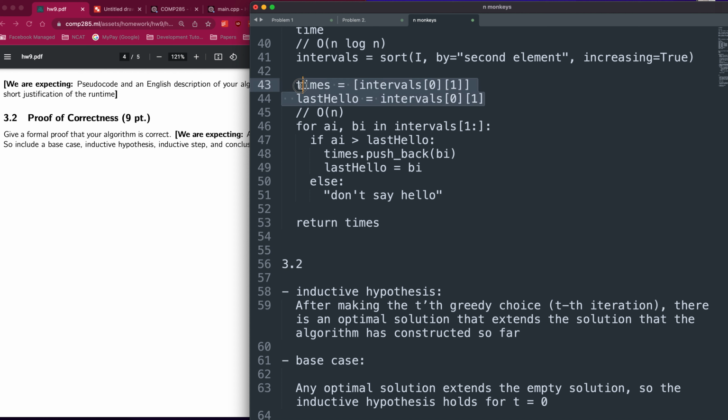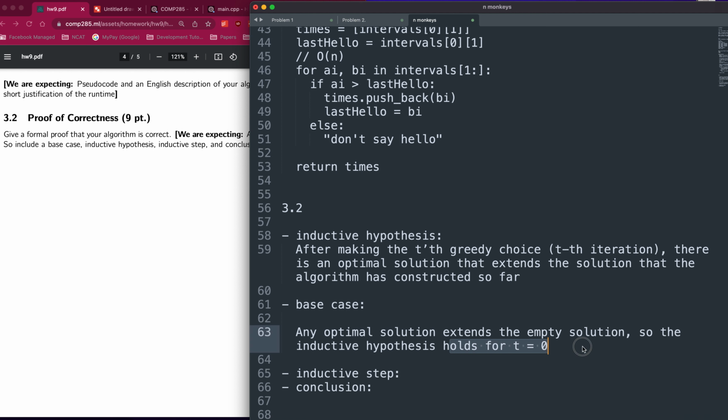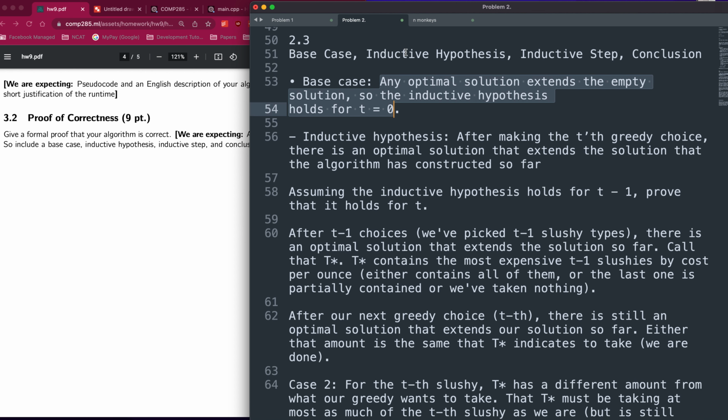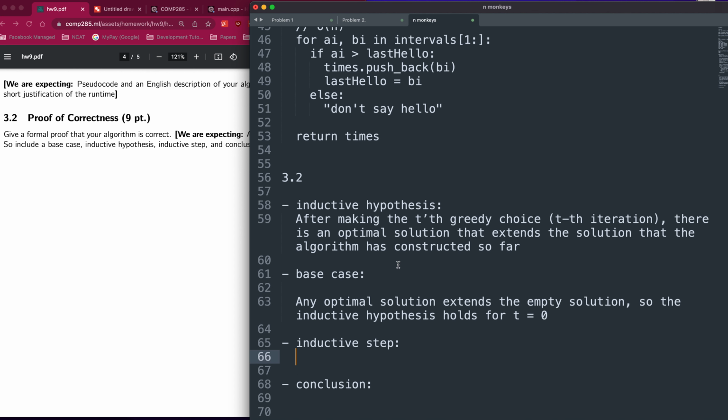Actually before even the for loop, before we add our intervals, it is possible to have an optimal solution that has all the decisions we've made before, right? That's the base case.